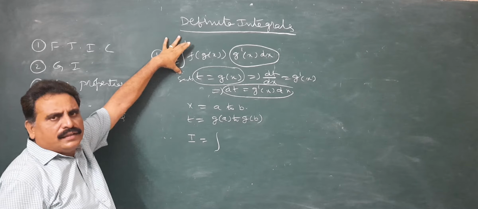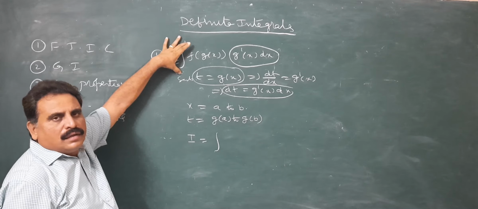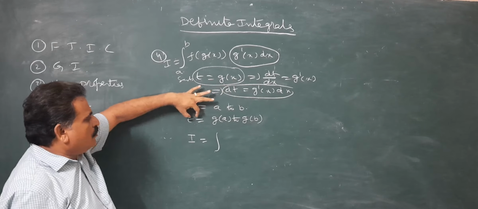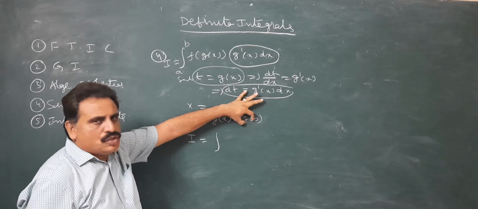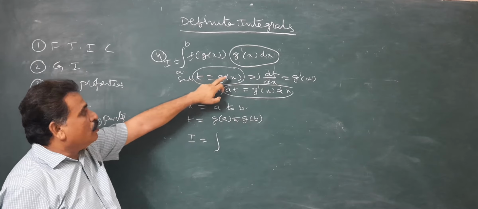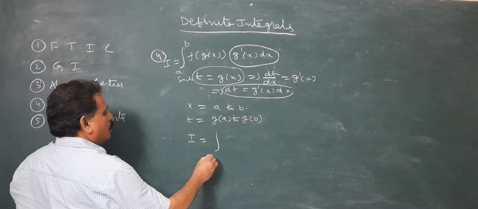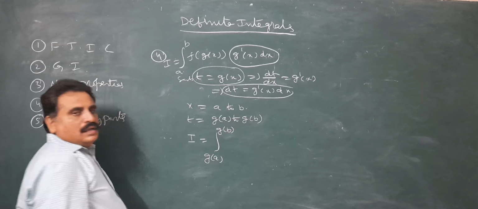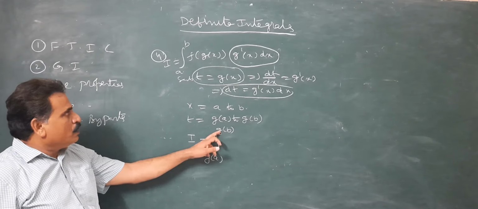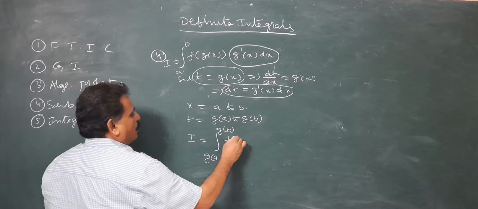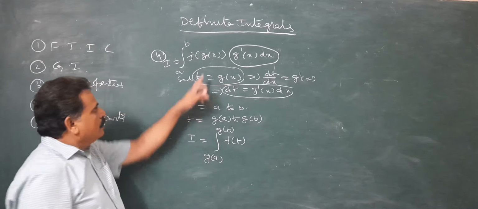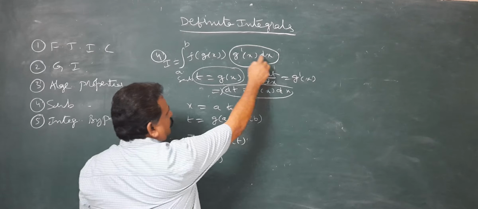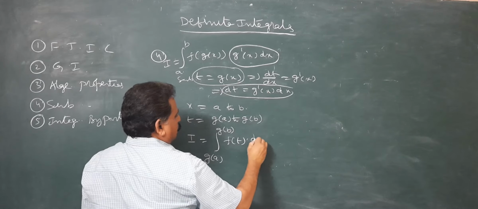Now we have to find the t limits. According to the x limits, x varies from a to b, t varies from g of a to g of b, because t equal to g of x. Integral g of a to g of b, that is f of t, g of x is t, into g dash x into dx, that is dt.